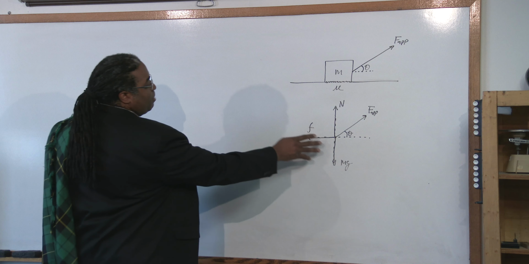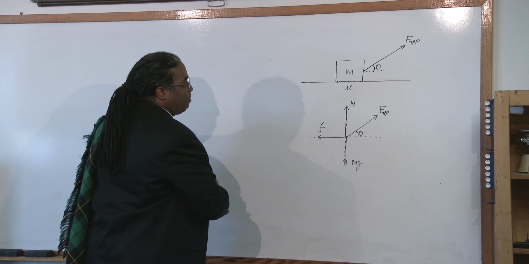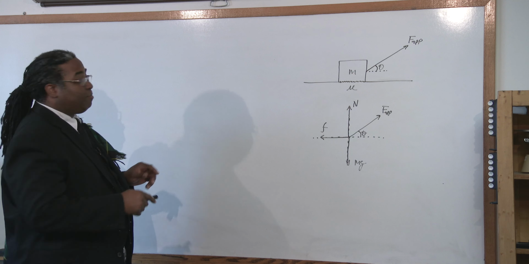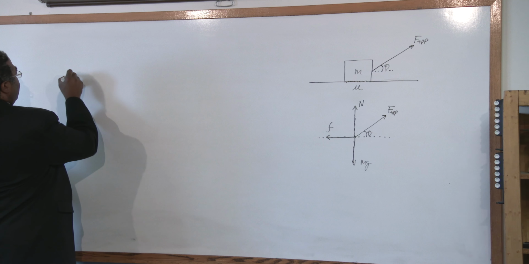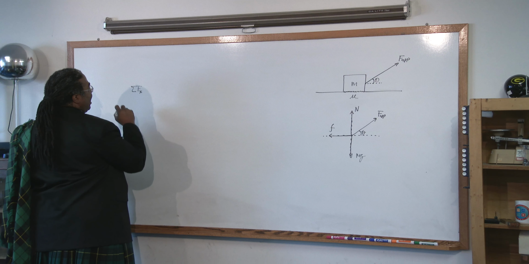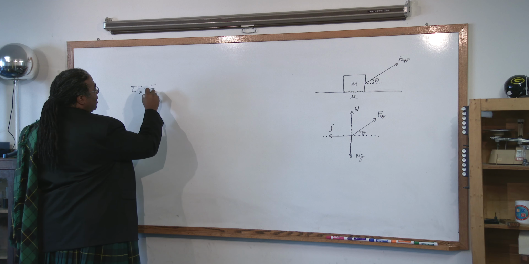So now that we've done step 1, we chose a coordinate system, and step 2, we identified our forces. Step 3 is we break our forces into their X and Y components. So let's just start our equations. So the sum of the forces in the X acting on the block would be equal to the force applied.